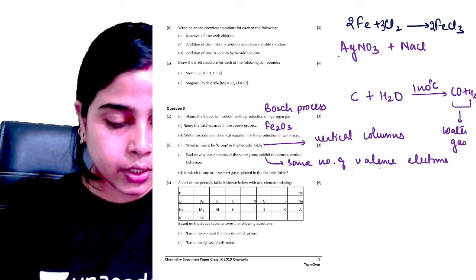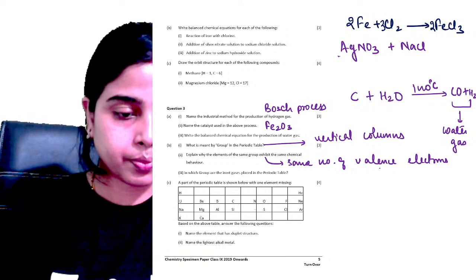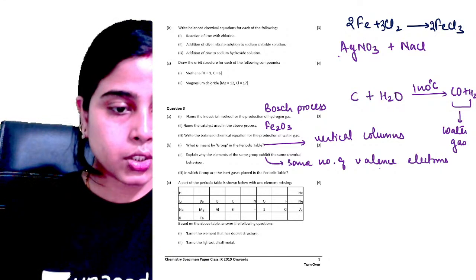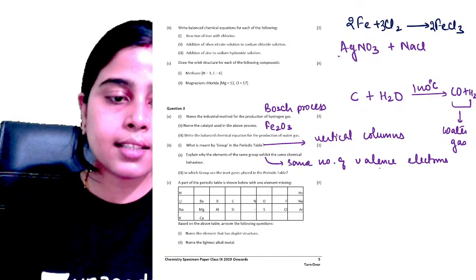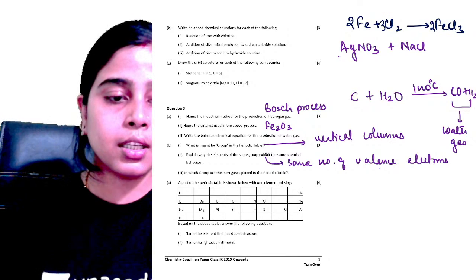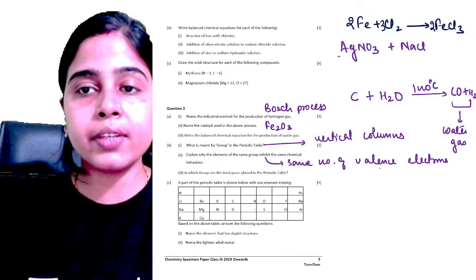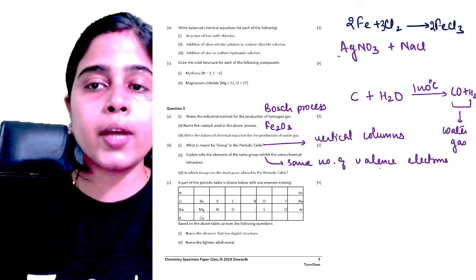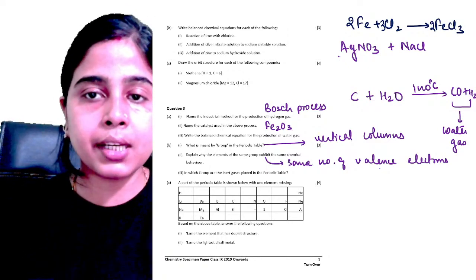What are you writing, Sri Kushan Chauhan? Electronic configuration. Yes, that is also true, Harsh. Similar electronic configuration will also enable the elements of the same group to exhibit the same chemical behavior.